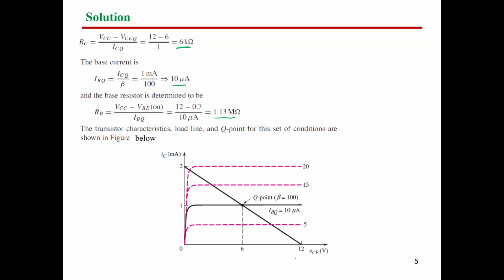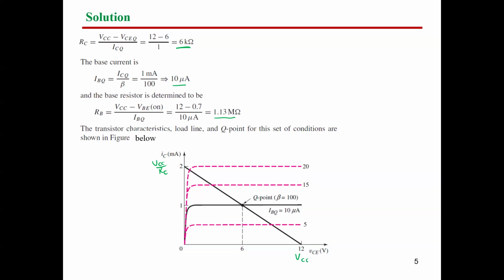This here represents VCC, and this represents the value of VCC divided by RC. We said VCC equals 12, RC equals 6, so 12 divided by 6 is 2. This is the value of the current at 0 VCE, and this is our load line.